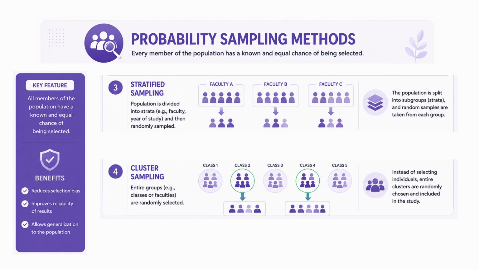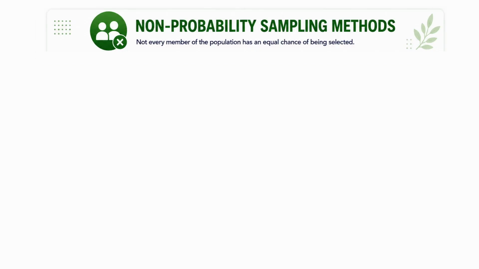Then you select samples from the 2 selected clusters. Clusters are individual groups which share the same characteristic, like schools, villages, or some specific officers. You can select them as clusters and select samples from each cluster. That is an example of cluster sampling.